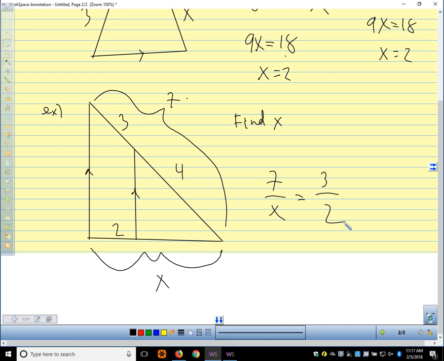Why? Because for my ratio, I have the long side here on top and the long side here on the bottom. So I want the top part of the triangle to be on the top of the fraction. You need to keep the fractions in the same order. Cross multiply, 3x equals 14, and x equals 14/3.